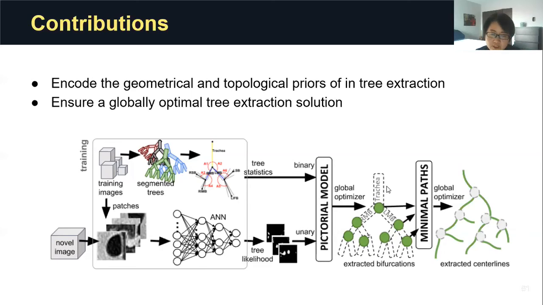So we use this pictorial model to extract bifurcation locations in the image, and then we use the minimal paths algorithm to retrieve the centerlines of the tree, to form a whole tree.